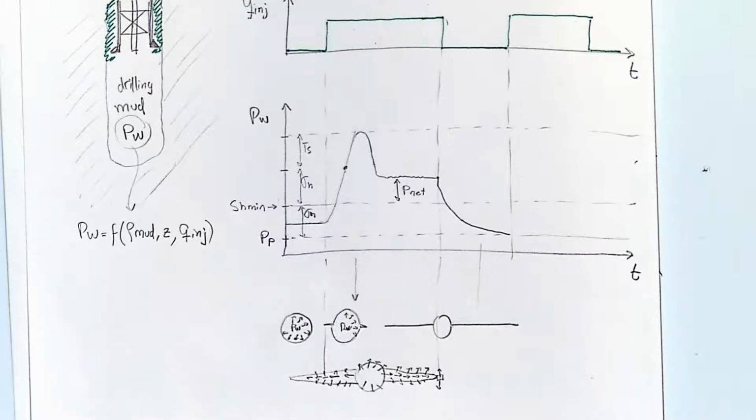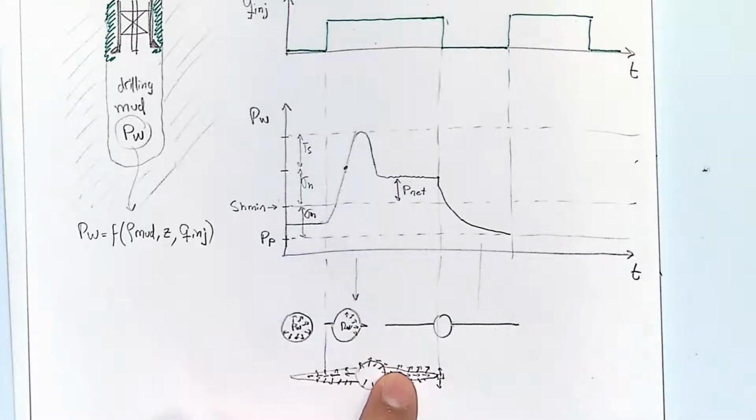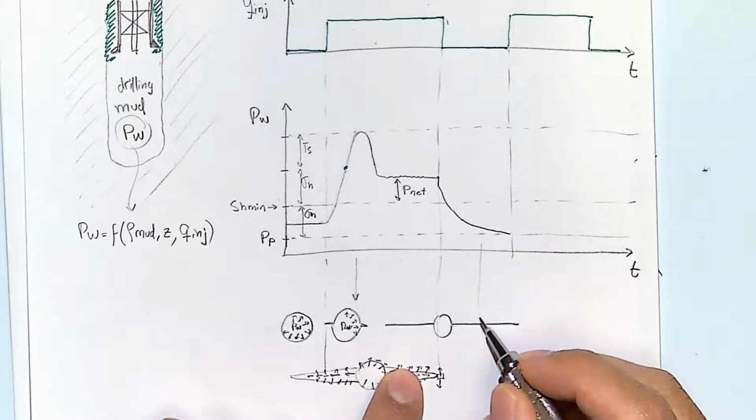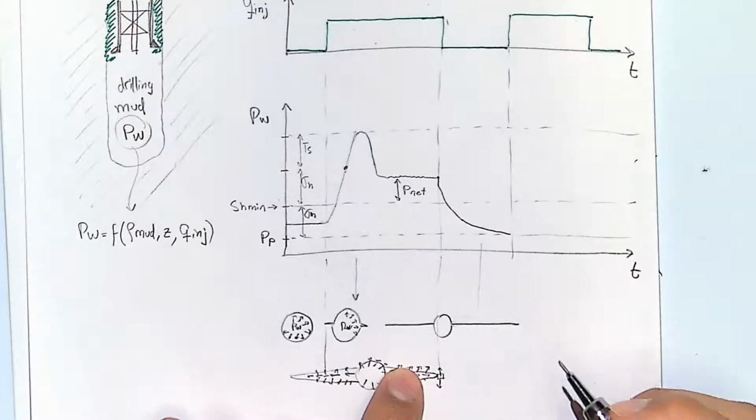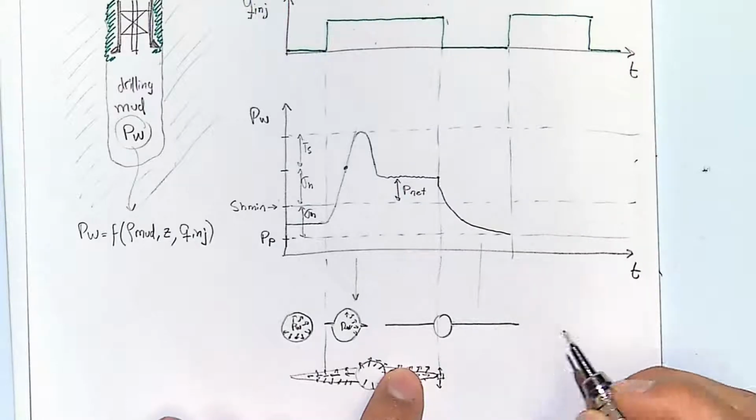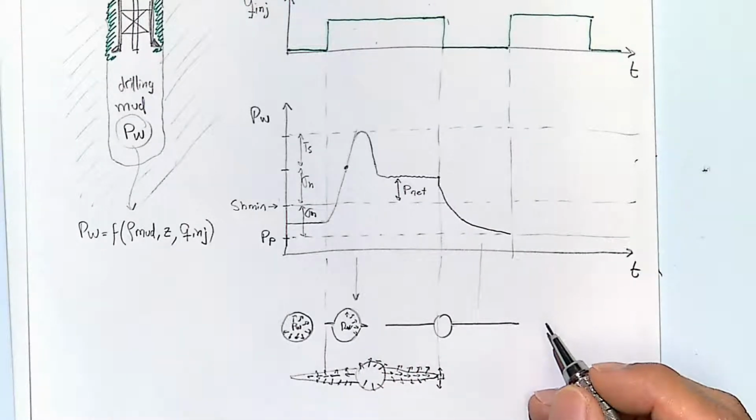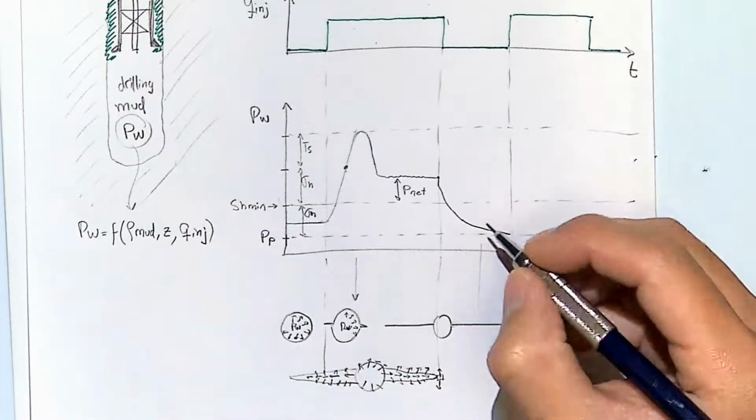Okay, can you see that? So the fracture at the beginning is full of mud, drilling mud inside, and you stop the pressure, and the pressure starts to go down, so the fracture is going to start to close, and the drilling mud is going to start to get into the rock, and at some point it's going to close. The point at which it closes, that's what is called the fracture closure pressure.